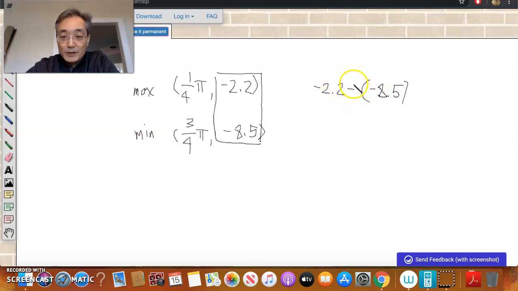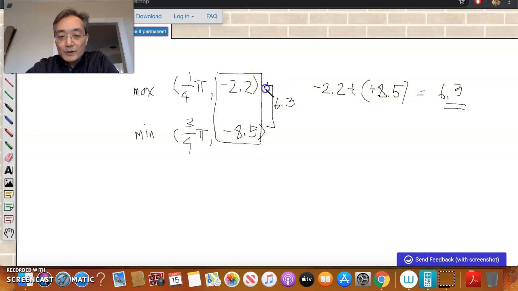Keep change says this has to be positive here and here. So we're looking at 6.3, I believe. That is the total vertical distance from the maximum to the minimum. This distance right here is 6.3.